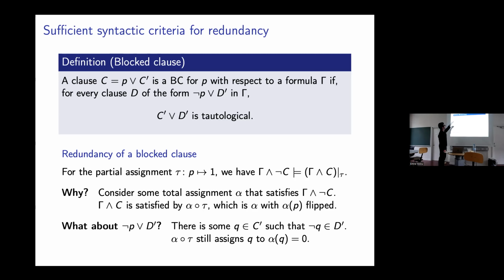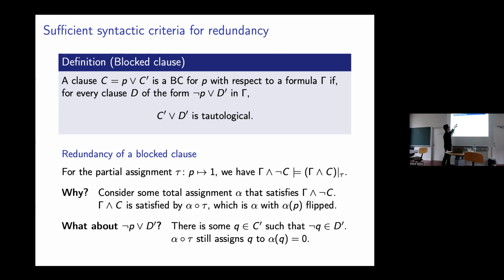Well, then we look at this condition for a block clause. What this says is these are the only kinds of clauses that could become unsatisfied when you flipped alpha's assignment of P. Because alpha was assigning P to false, now it's assigning P to true, so this literal is no longer satisfied. So if this was the only literal through which alpha was satisfying this clause, then it could become unsatisfied.